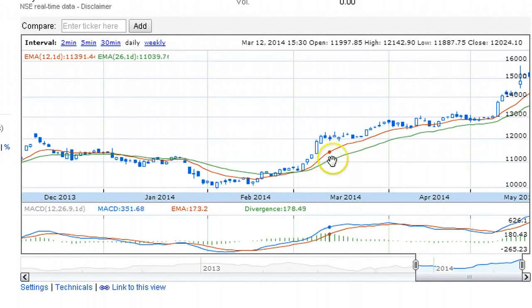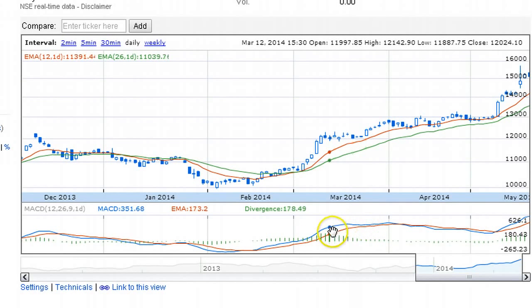The blue line and the red line that you see along with the candlesticks are the EMA lines, the 12-day EMA line and the 26-day EMA line. At the bottom you again have two more lines, a blue line and a red line. These are the MACD lines.